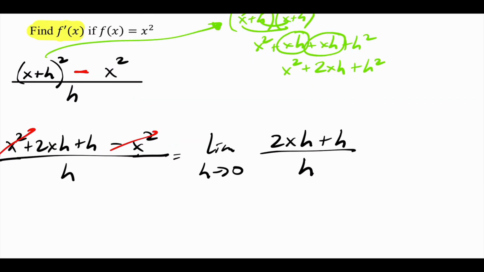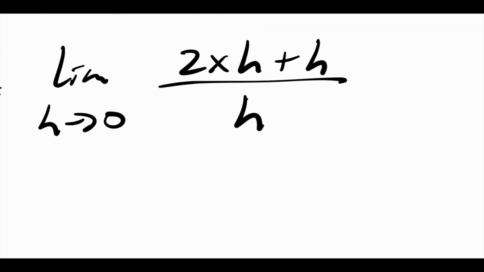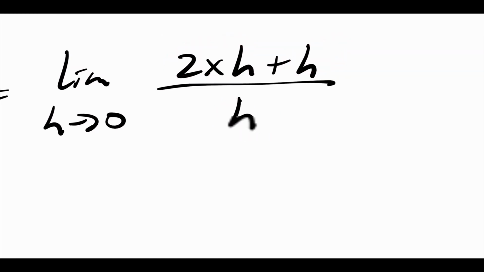Okay, so now we're here. What can we do? Make a GCF of h. Yeah, they all have h's, right? This guy has an h, this guy has an h, this guy has an h. They all have h's, so I can factor out a GCF, which is an h.